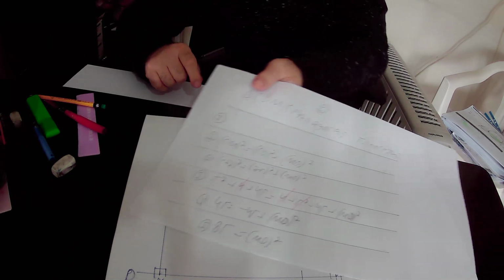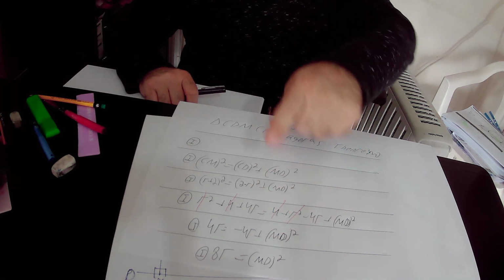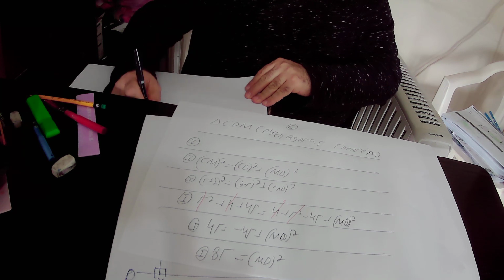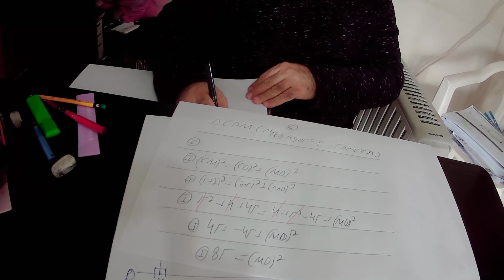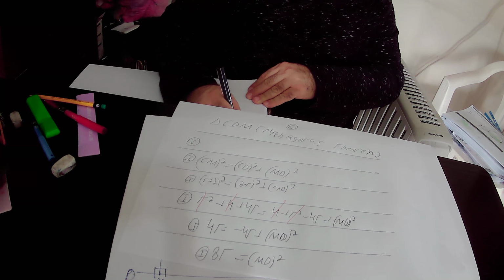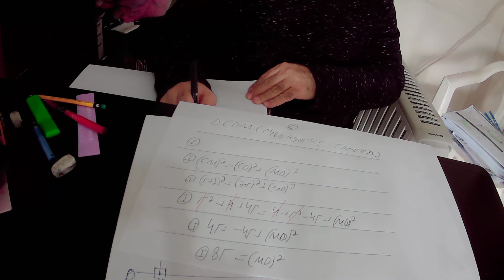Here we will take a root out of the equation, and we will get that MD equals the square root of 8R.